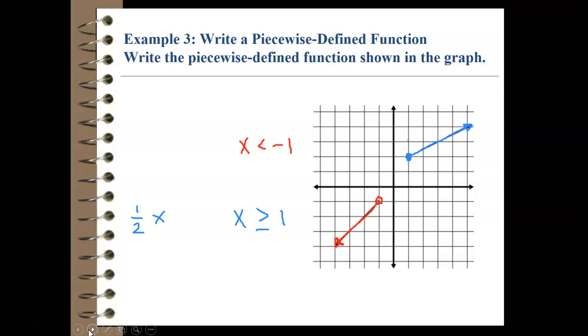So it goes down 1 and left 2. So its y-intercept is down 1/2. So if this is the point 1, 2, its y-intercept is at 1.5.